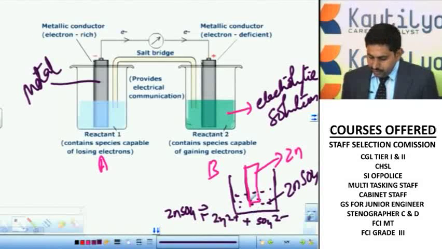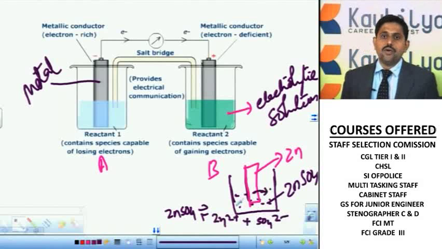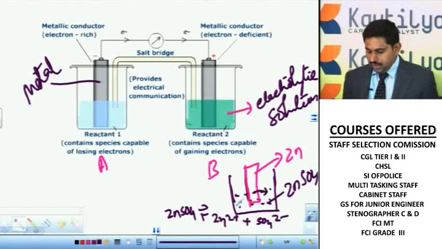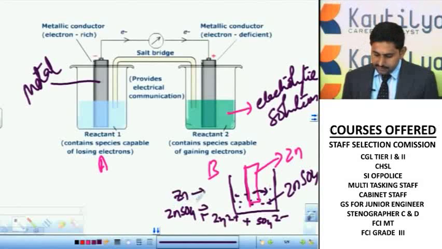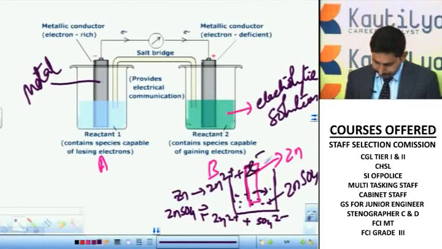What is happening here actually? If you observe carefully, the zinc metal consisting of zinc atoms will try to donate its electrons. When the zinc in the metal tries to donate the electrons, it will be converted to Zn2+, with 2 electrons donated.